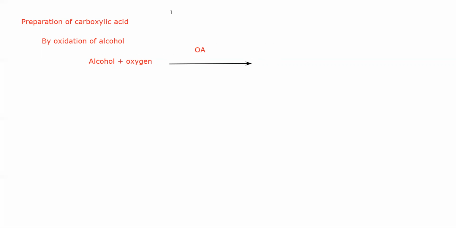So it's easy to remember, like you can see the conditions for this reaction to occur. You have alcohol, oxygen, oxidizing agent, OA. So this results in the formation of alcohol.